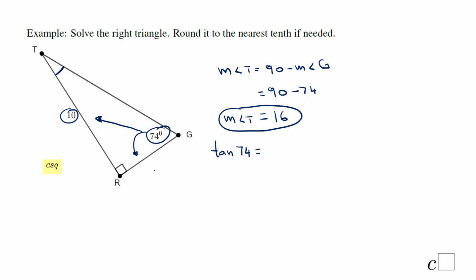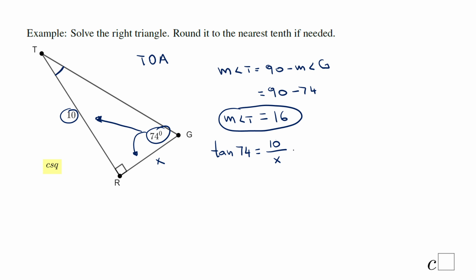That will be this RG, let me call it x here, over, I'm sorry, it's going to be 10 over x, opposite leg over adjacent leg. So again, I use the tangent. Tangent is opposite leg over adjacent.